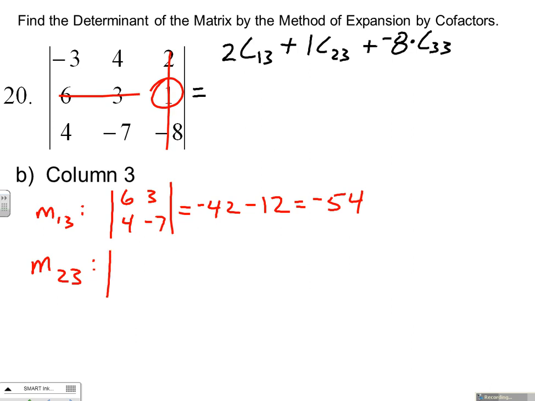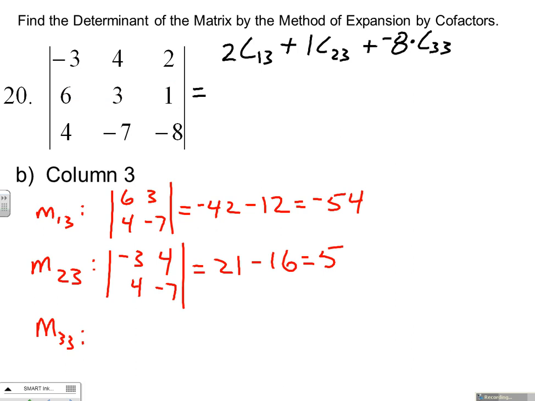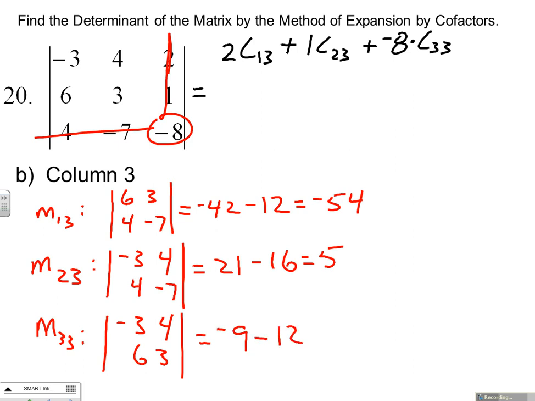We are left with negative 3, 4, 4, negative 7, downward diagonal 21, upward diagonal 16, and result 5. Minor 3, 3. Erase my pencil marks, go to 3, 3, which is the negative 8. Eliminate. And we want negative 3, 4, 6, 3. Downward diagonal negative 9 minus upward diagonal 12, negative 21.